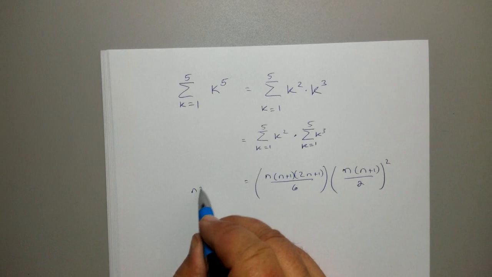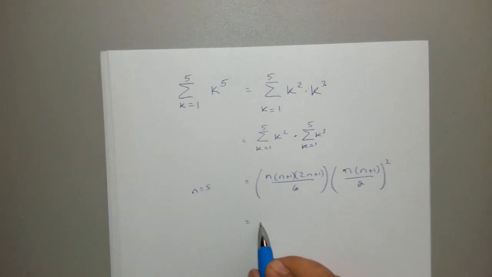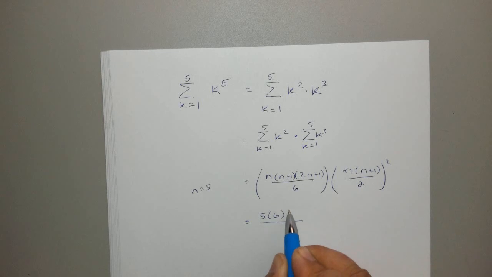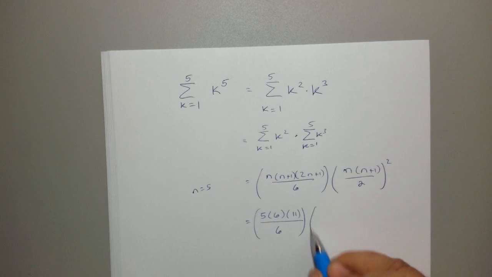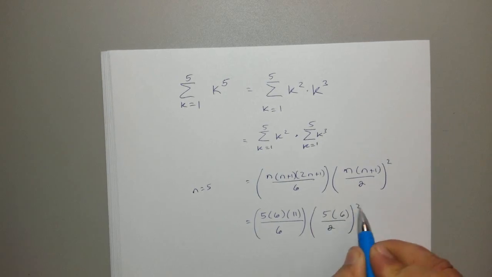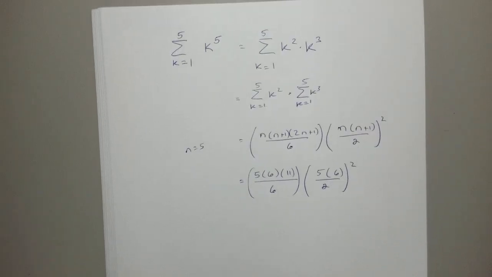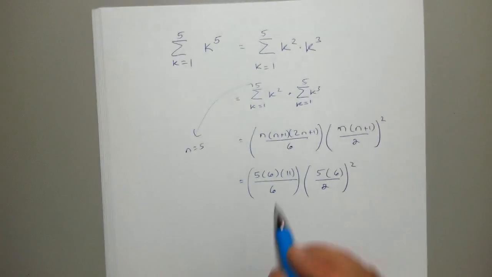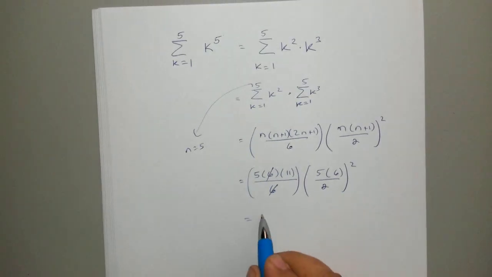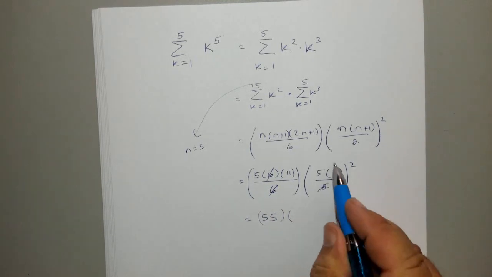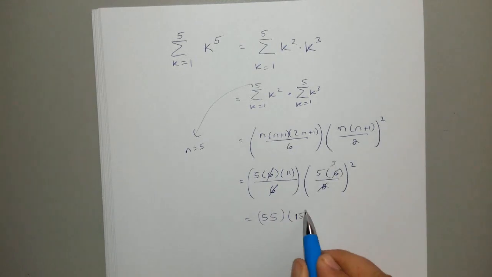Where n is 5. 6 is canceled, so we have 55. 3 times, so we have 15 squared.